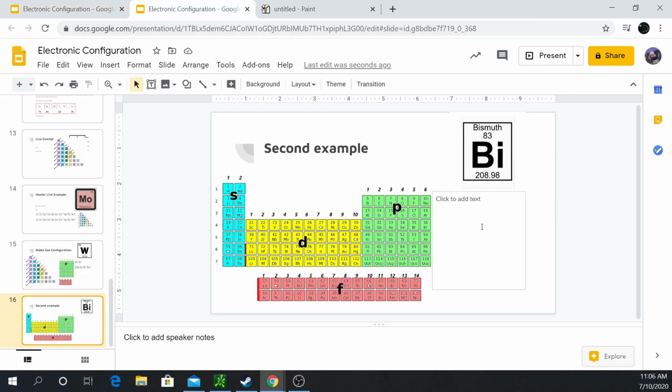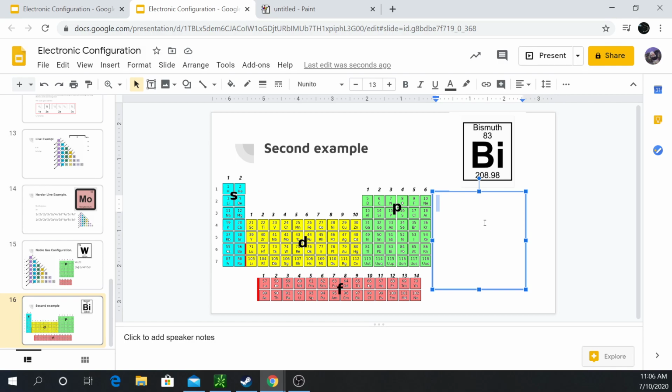So then it's 83 minus 54. Okay, and 83 minus 54 would be 29.